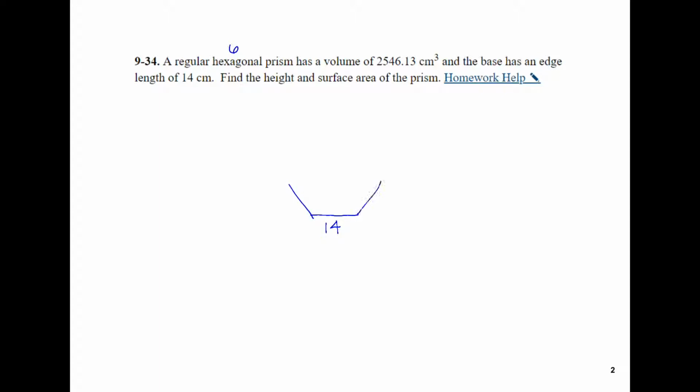So if our base is 14 units, we can find the surface area of that base by taking 360 divided by 6, telling us that our central angle is 60. If we take that and divide that into a right triangle, we're working with 30 and 7.